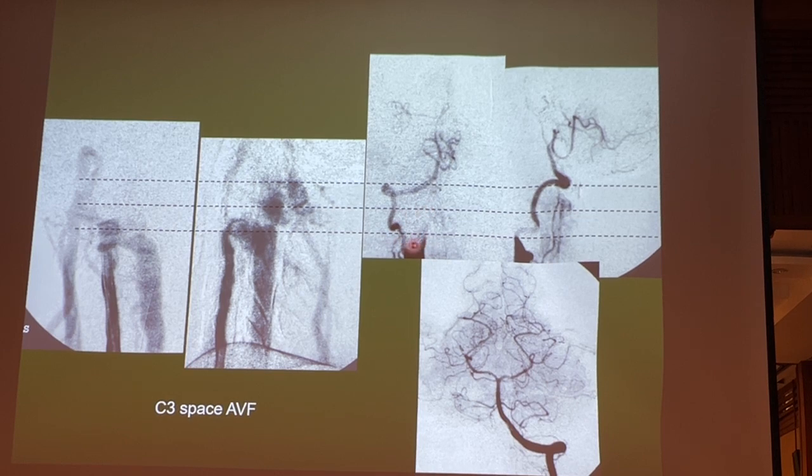These are the detachable balloons we put to make sure that we close up the thing, and we still have a preservation of the distal vertebral artery, helping to supply at least the PICA of the right side.